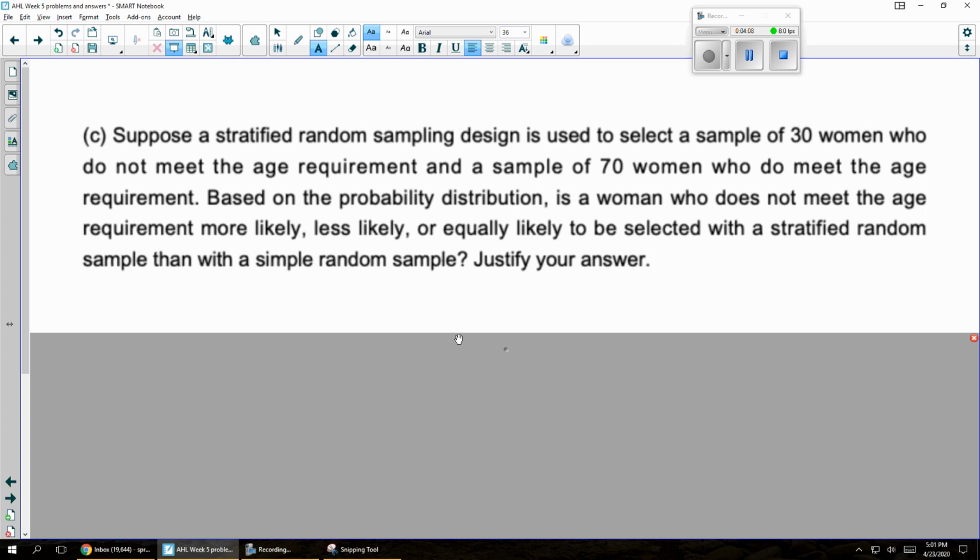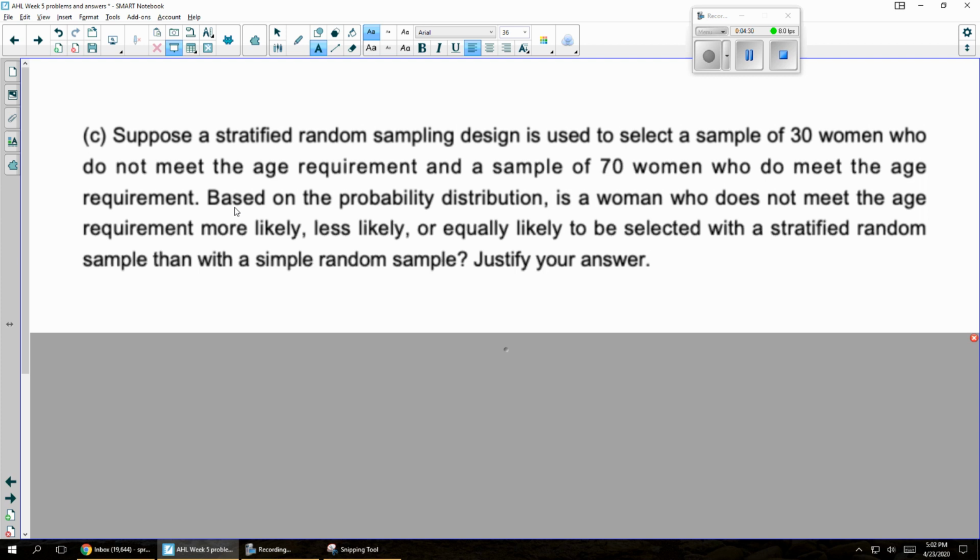Now, part C says this. All right, suppose a stratified random sample is used to select a sample of 30 women who don't meet the age requirement and 70 who do. Okay, so 30% of this sample does not meet the age requirement. Based on this probability distribution, is a woman who doesn't meet the age requirement more likely, less likely, or equally likely to be selected with a stratified sample as with a simple random sample?